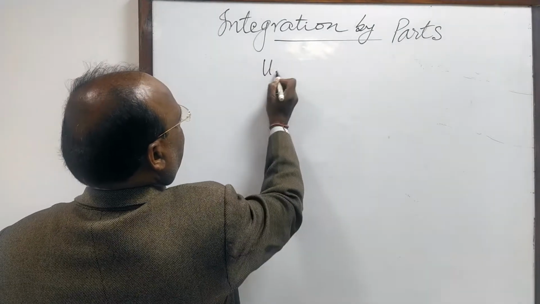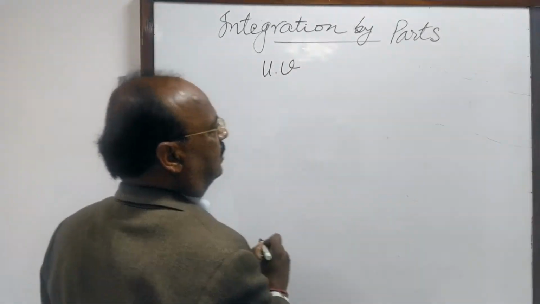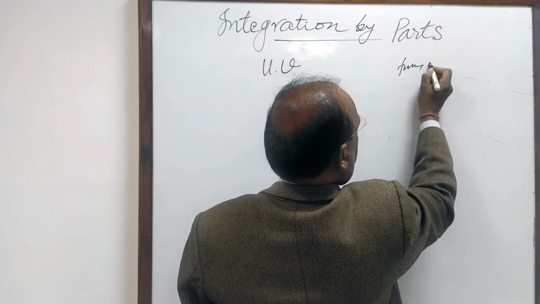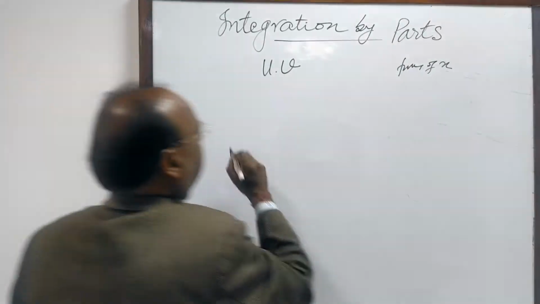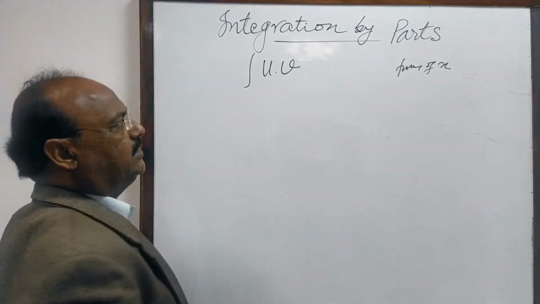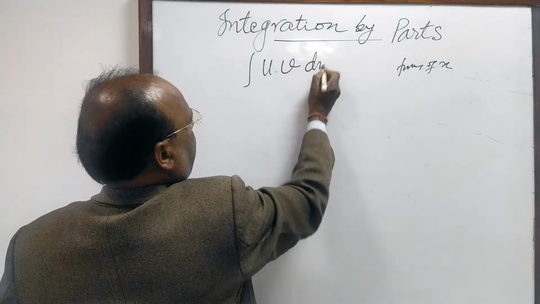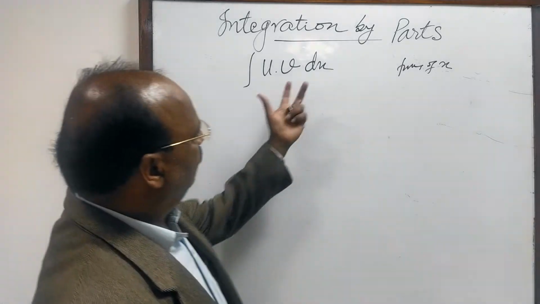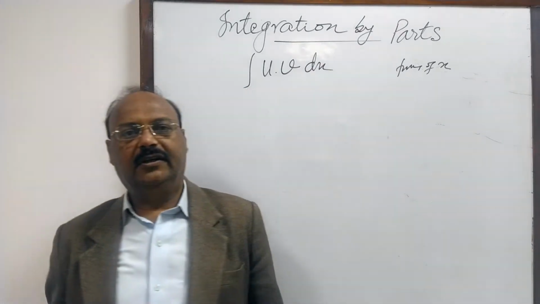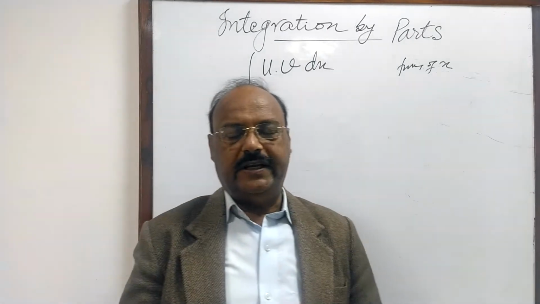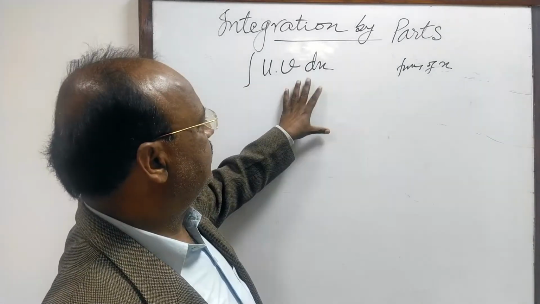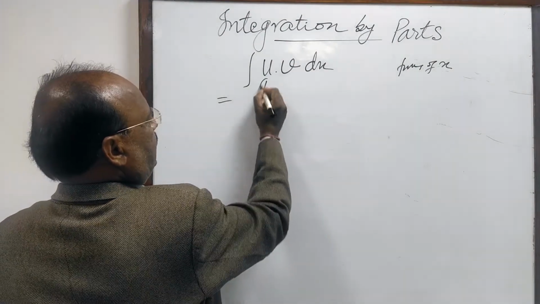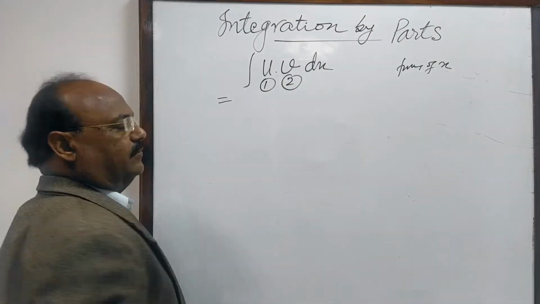Suppose u and v are functions of x. Then if you have to integrate the product u and v with respect to x, how will we integrate it? There is a formula, there is a rule, and we must remember this formula. Suppose this is the first function and this is the second function.